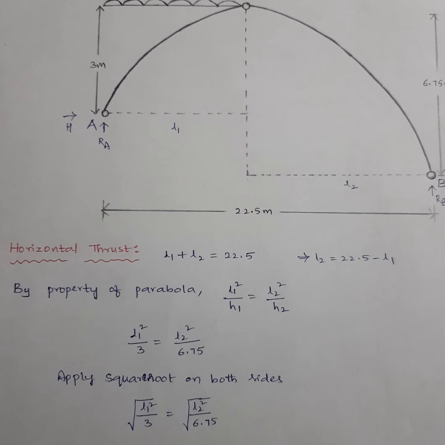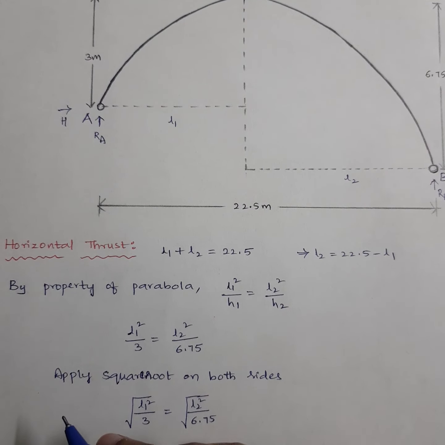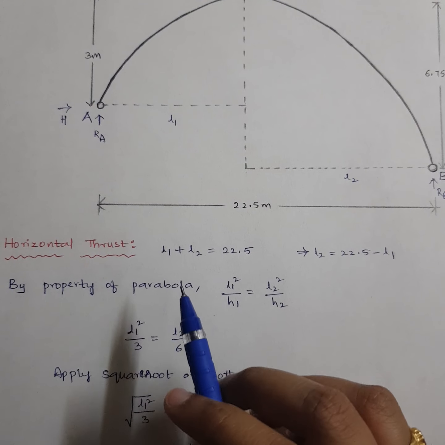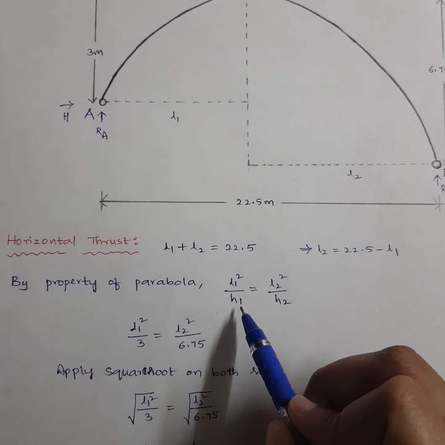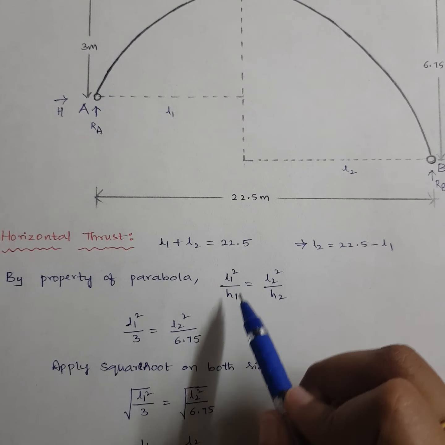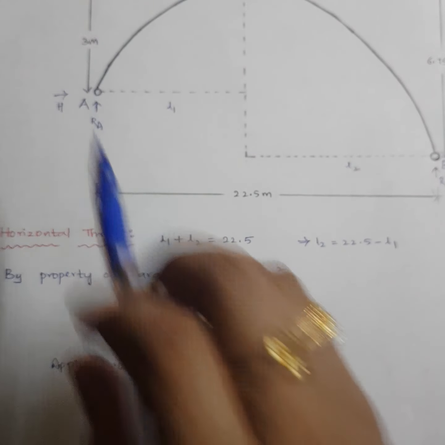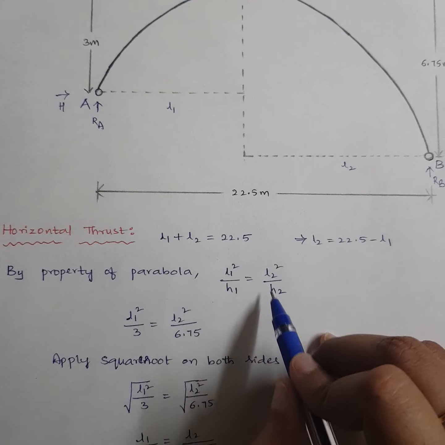Since I don't know both the values, we will use the property of a parabolic arch, or parabola rather. From the property of parabola we have L1 square by H1 is equal to L2 square by H2. So L1 square by H1, which is 3 meters, is equal to L2 square by H2, which is 6.75 meters.